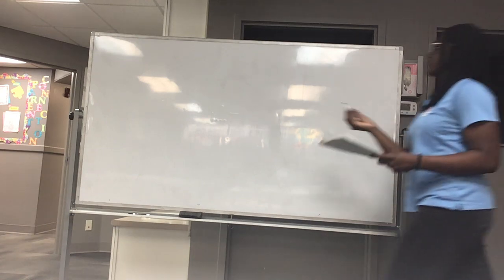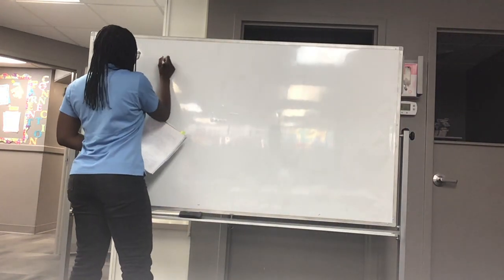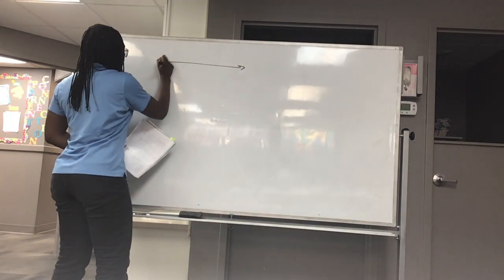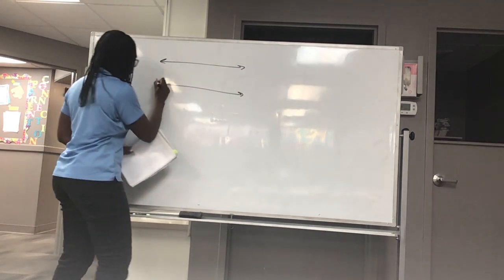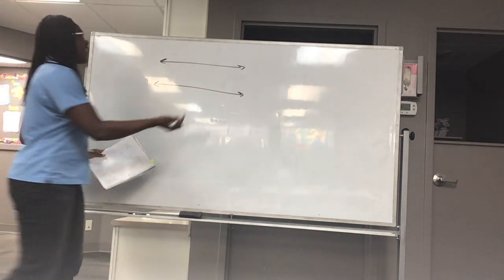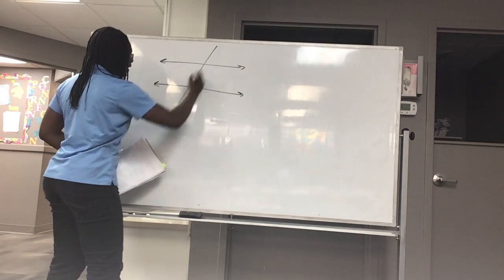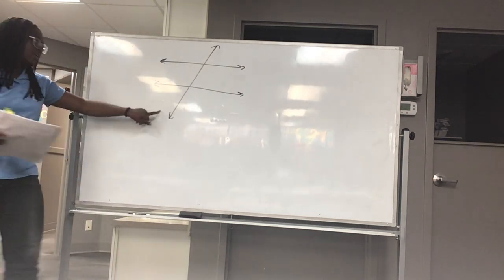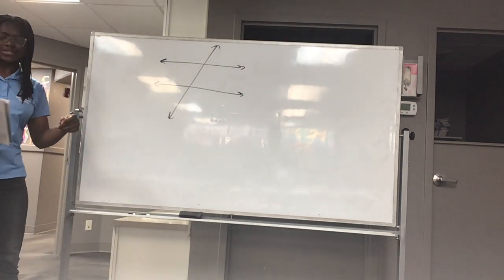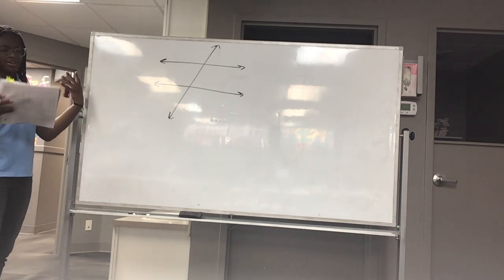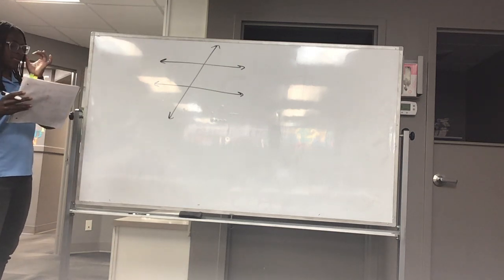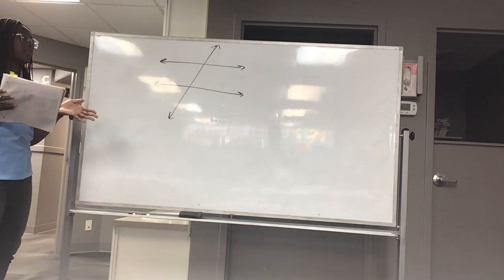And then let me draw some. So here are my parallel lines, and then if I were to draw a line through it, this line would be called the transversal. I think it also says that in the packet, but it's a line that intersects 2 or more lines at different points.